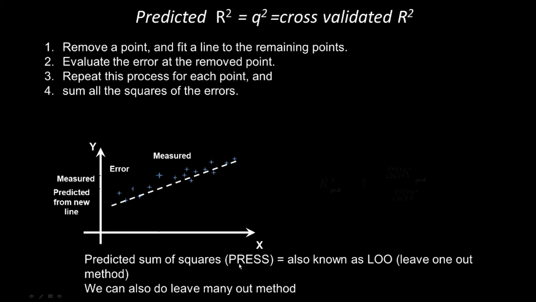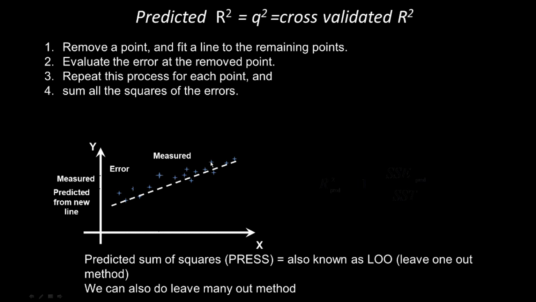So if you leave out one point at a time, that's called the leave one out method. Do you understand this? Suppose there are n points, we leave 1 point out, so we have n minus 1 points. We develop a regression model with those n minus 1 points, then try to predict the point which we missed out, find the residual or error, and square it.